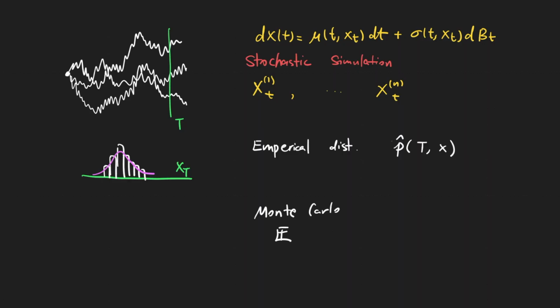The option is simply a function defined over the stock price. With the Monte Carlo approach, we approximate this expectation with the average, plugging in the simulated values. Let me call this xt to stay consistent.